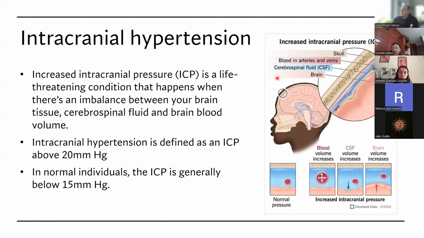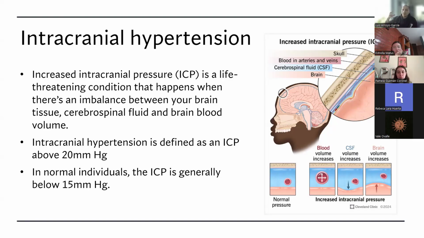So here we have that the pressure comes from the skull, right? If you think about it, we don't have any room to have an inflammation. When you have an inflammation in a muscle, or in one of the organs, you have room to grow.